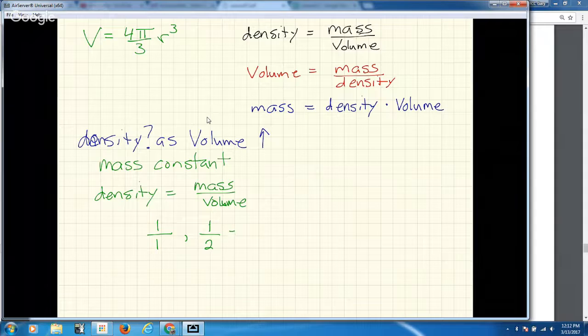Or if we kept the mass fixed at 1 and we made the volume 3 times bigger, notice as the volume increases, the density in this case is the whole fraction, and the fraction is decreasing. So that tells me that density decreases as volume increases.